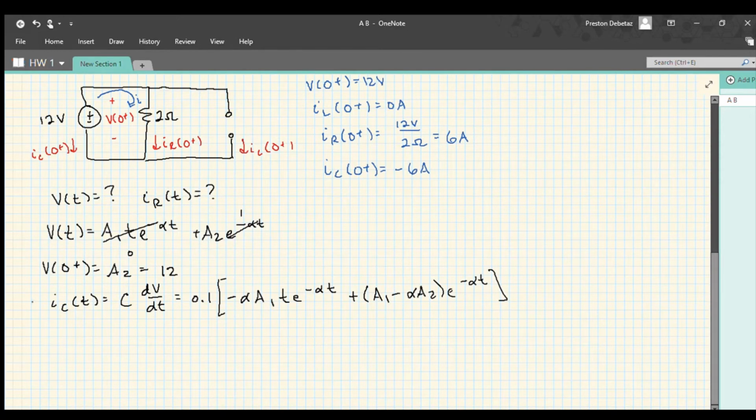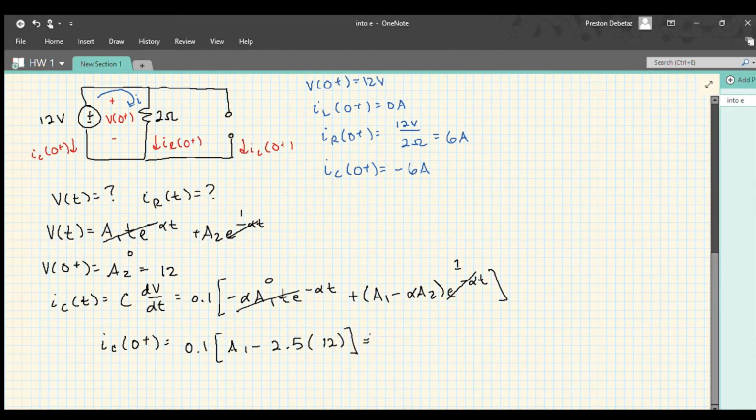But we also have our initial condition for IC. So we can say IC of 0 plus is 0.1 times, and this term is going to go to 0, this term is going to go to 1. And so we just have A1 minus alpha, which we found earlier was 2.5, times A2, which we found is 12.